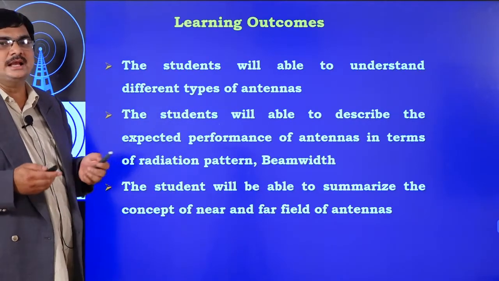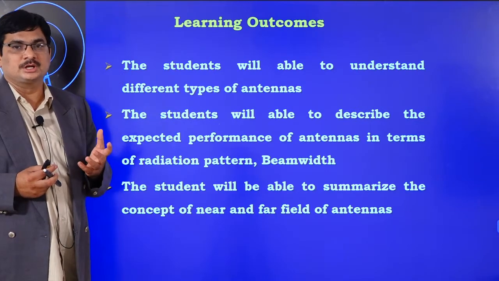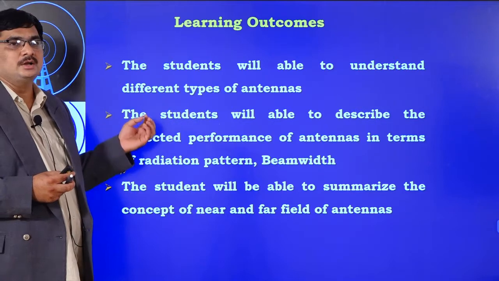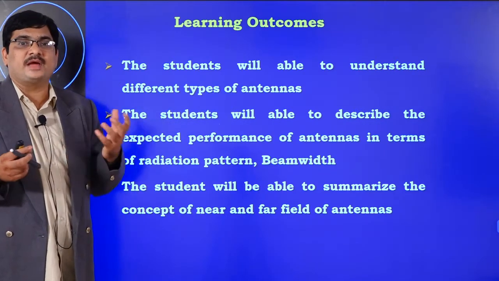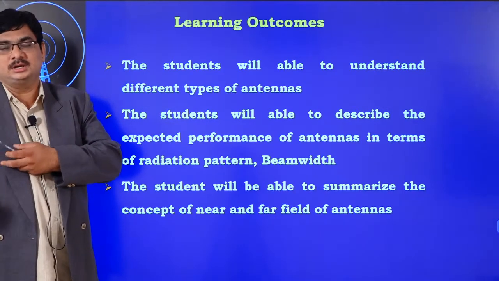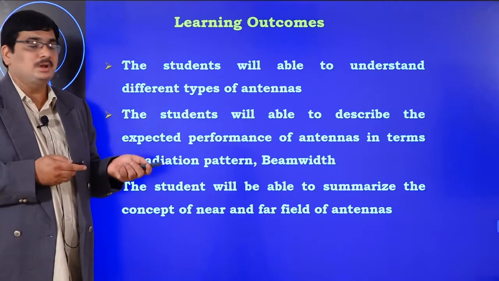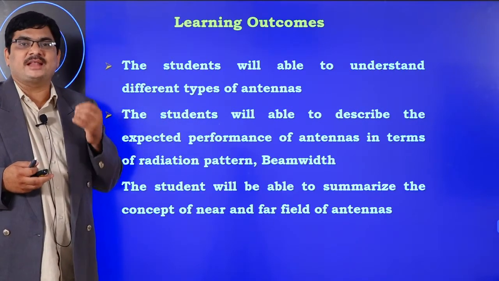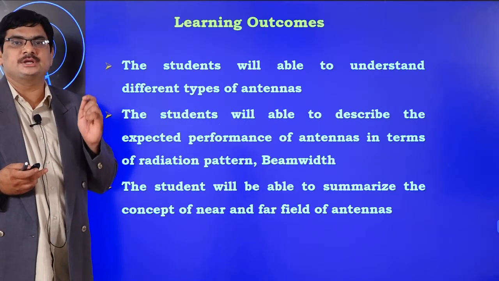So these are the learning outcomes of this video lecture. On completion of this lecture, the students will learn what the various types of antennas commercially available are, and also the performance of an antenna in terms of radiation pattern.